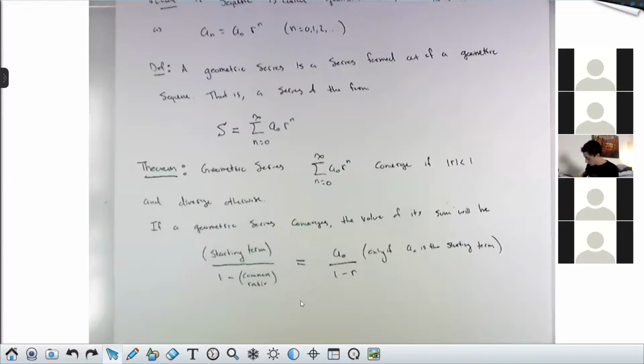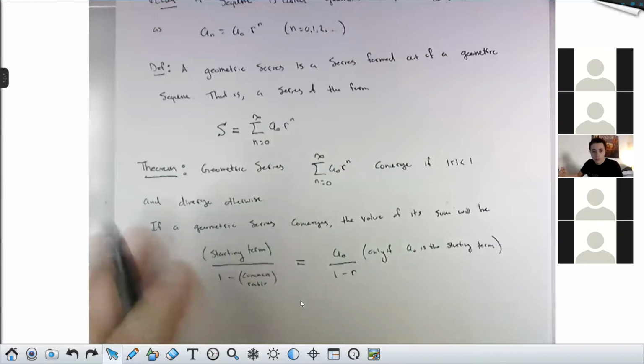All right. This is your first big result on series. So your convergence results for series page in your notes should have 2 things at this point, maybe 3. Should have the definition of an infinite series, should have the definition of convergence for an infinite series, right? And should have this.